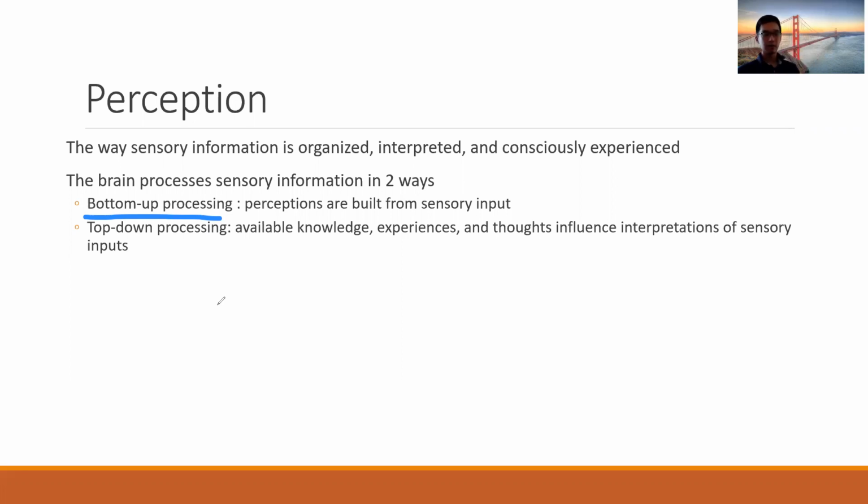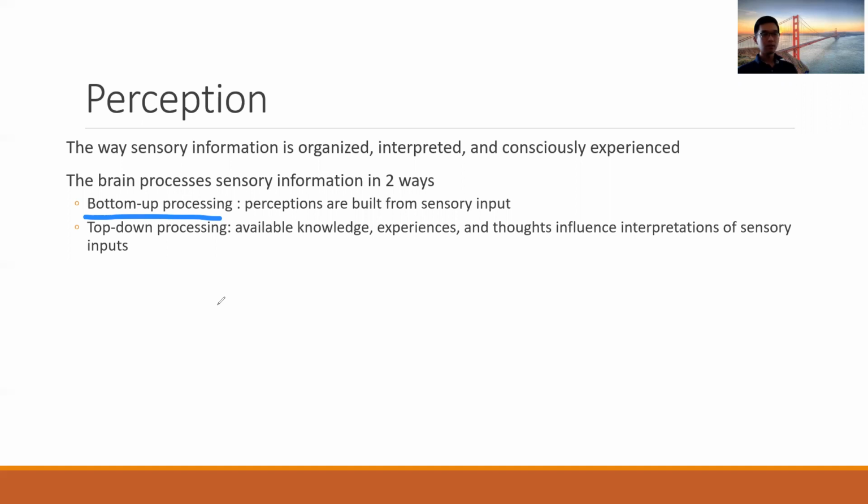And also there is another process called top-down processing. It means that we get some sensory information, but what is it? We use the knowledge that we already have in our brain. We use past experiences. We use ideas and thoughts that already exist in our brain to interpret and understand that sensory information.